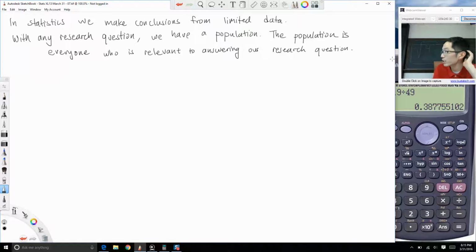What is the average income in the United States? To answer this, we would need to know every single person's income in the United States, and then we would average all of those values, and that would give us the value of the average income in the United States, okay? But there's just too many people for us to survey, okay? So the population is too big. The population is almost always too big for us to observe directly.